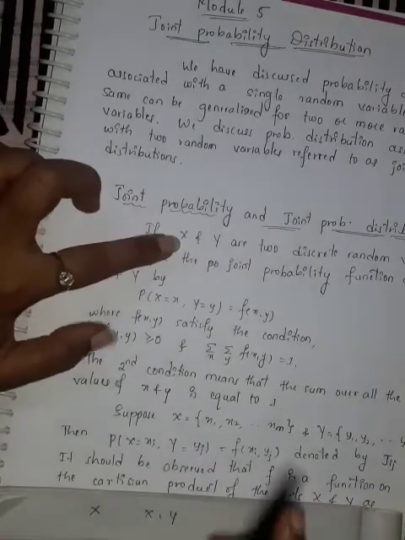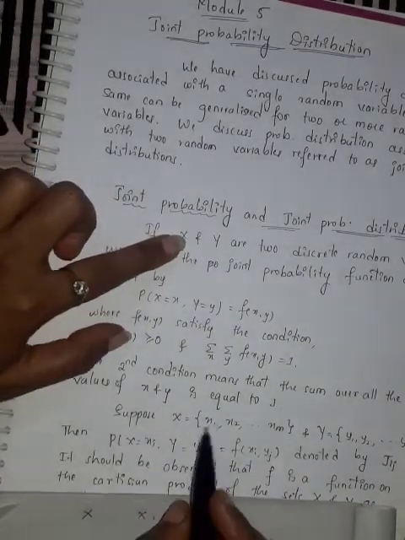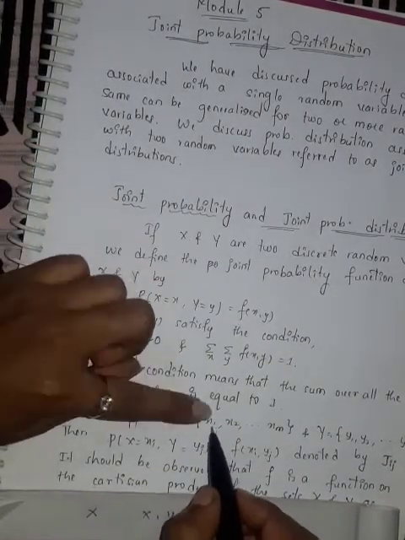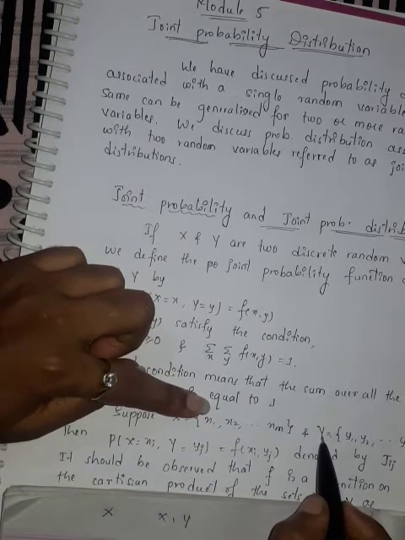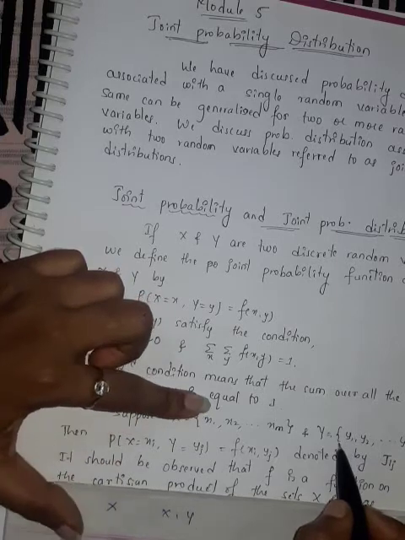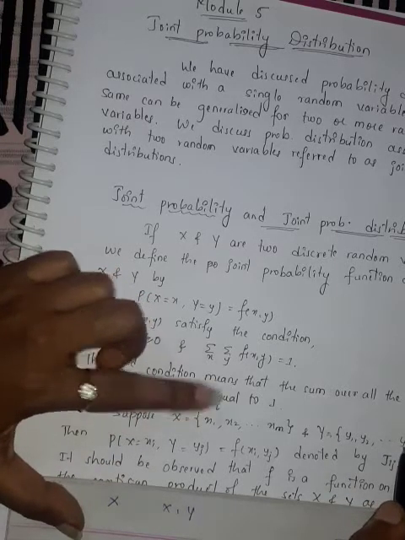Suppose the random variable x takes the set of values x1, x2 up to xm, and random variable y takes the set of values y1, y2 up to yn.